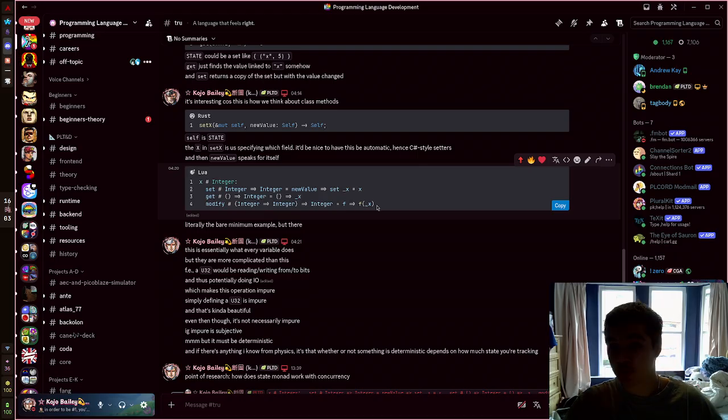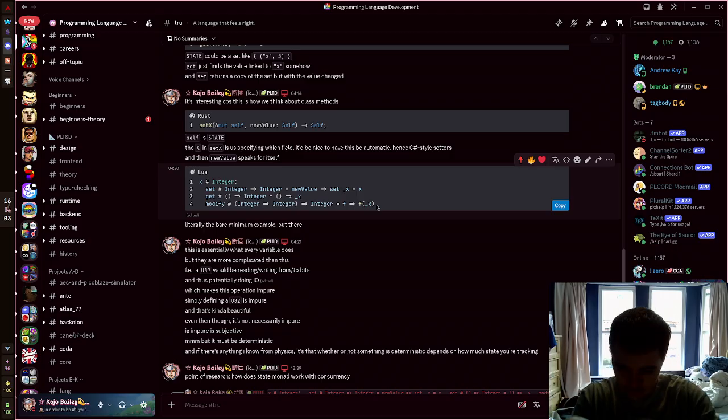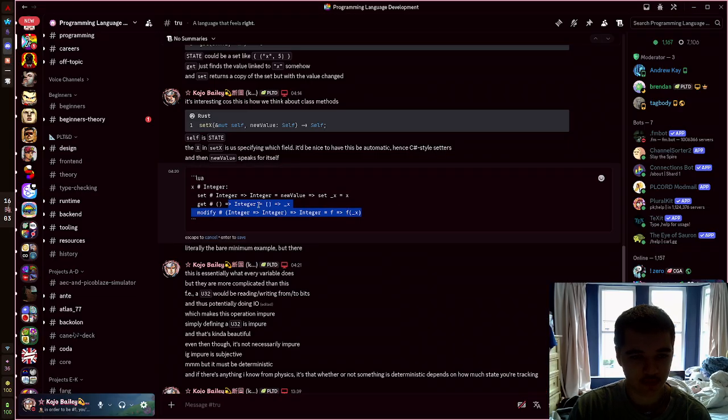It depends how you want the syntax to look. But then it would access the state, interpret those values again within its definition, and return that interpreted value. And same for modify. So that's how that essentially works, and it's very simple.